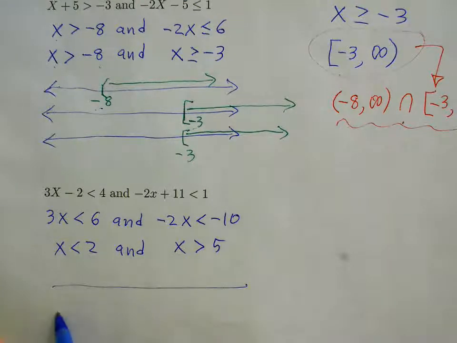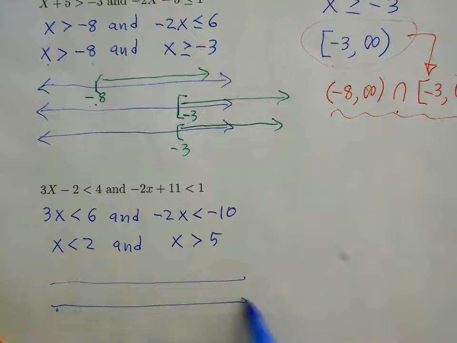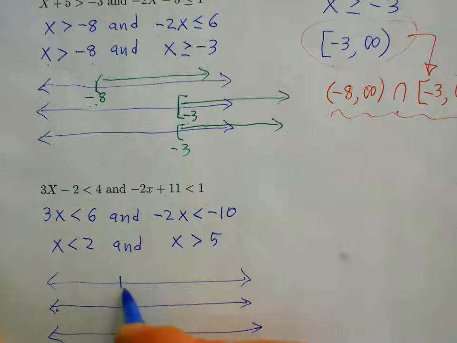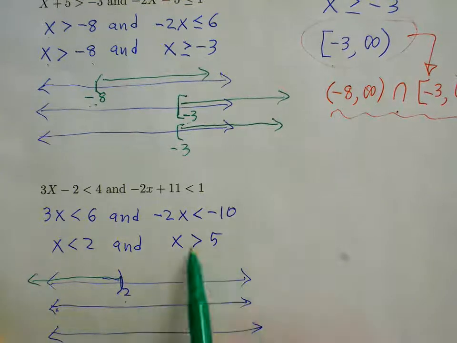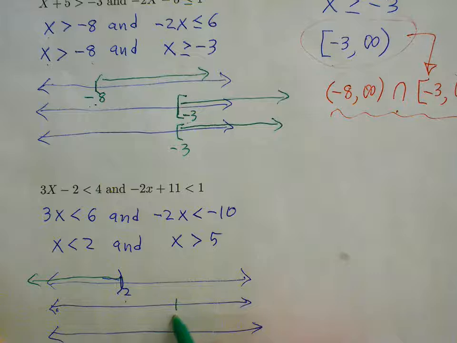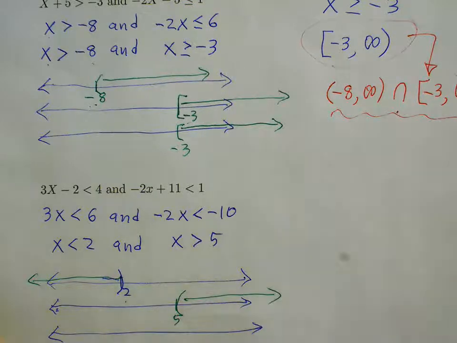Okay, so the graphical overlap method: if x is less than 2, parenthesis at 2 and shade to the left. If x is greater than 5 on the other number line, parenthesis at 5 and shade to the right.